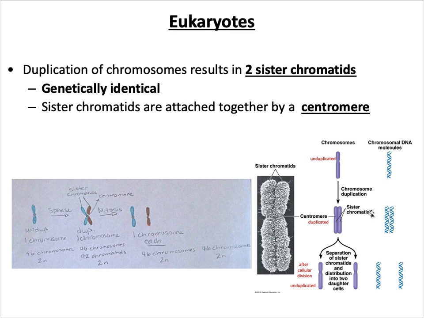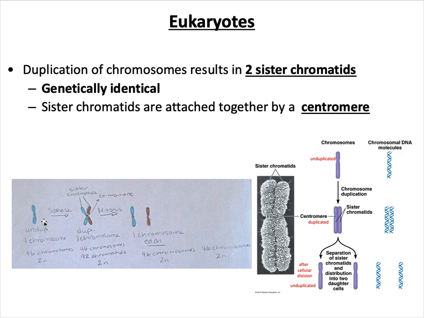Okay, so some more background information. So here, this is kind of what represents a chromosome. And then this is the chromosome before the DNA replicates. So for us, we have 46 chromosomes, which is diploid or 2N.